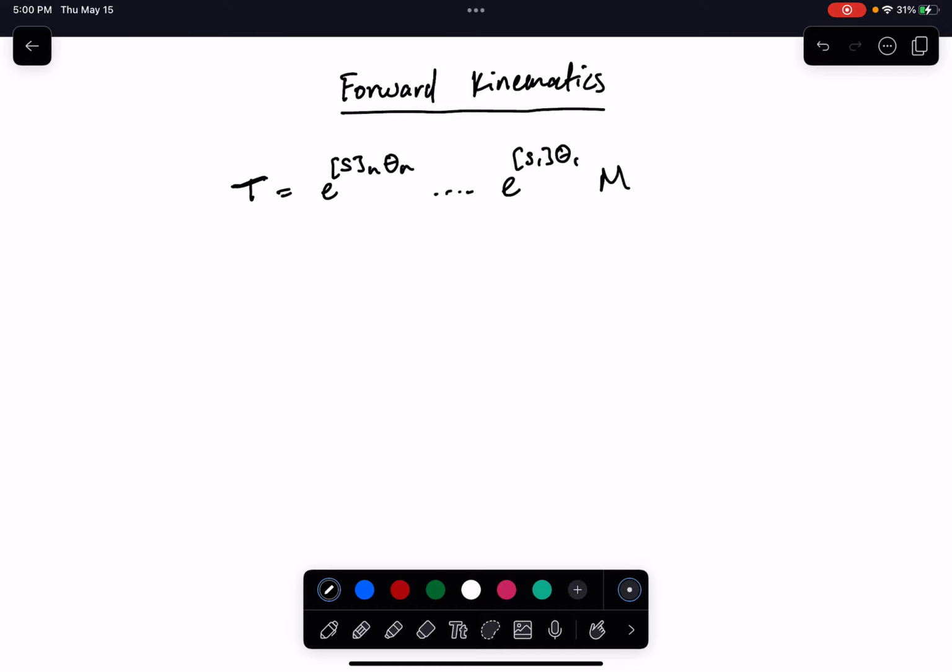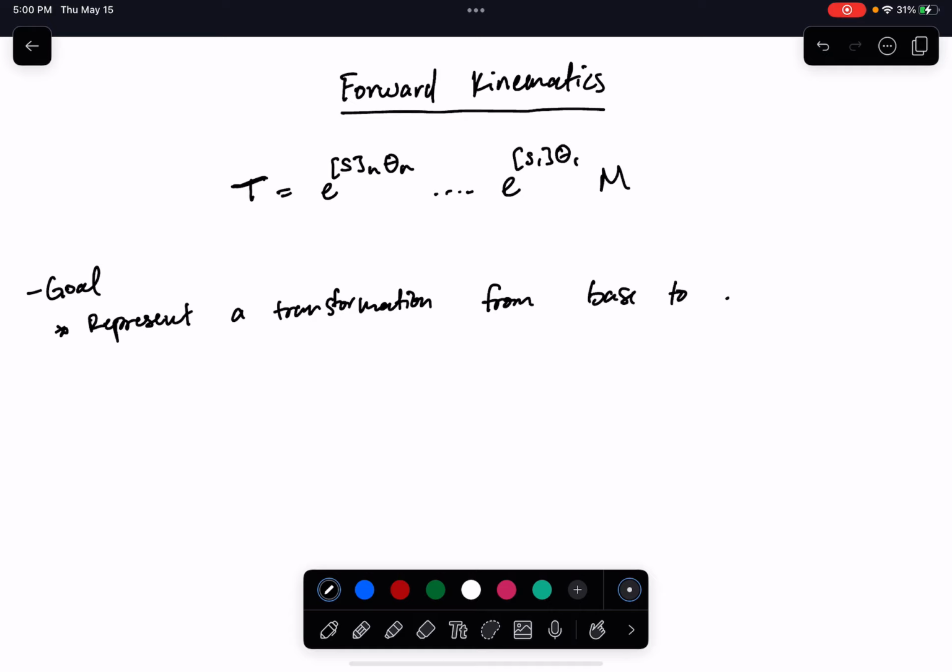So the goal of forward kinematics is to represent a transformation from our base to end effector frame.